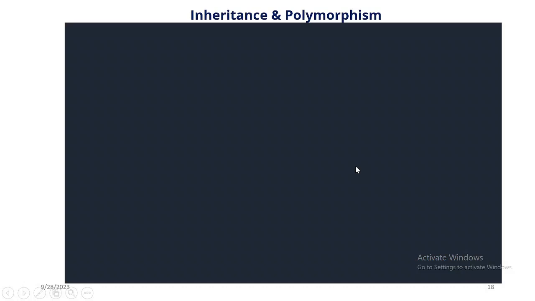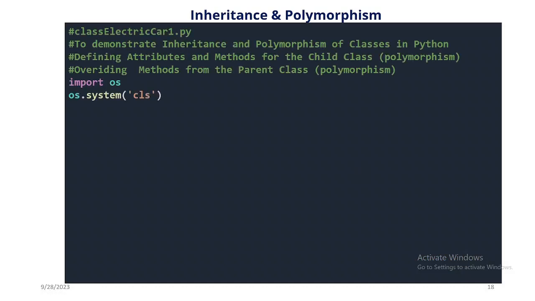Let's look at inheritance and polymorphism in more detail. So we'll call this class ElectricCar1. We want to demonstrate inheritance and polymorphism of classes in Python. So we will define attributes and methods for the child class, new attributes and methods, new behaviors. And then we will also override methods from the parent class, which is also an aspect of polymorphism.